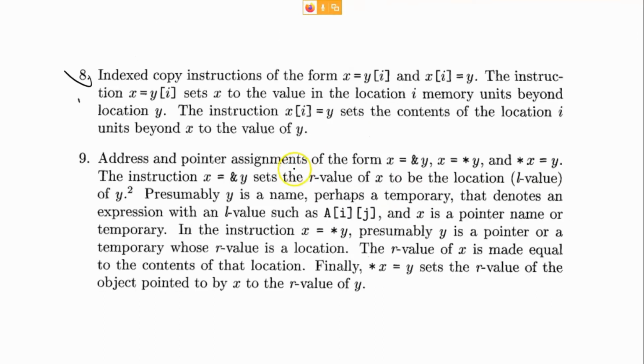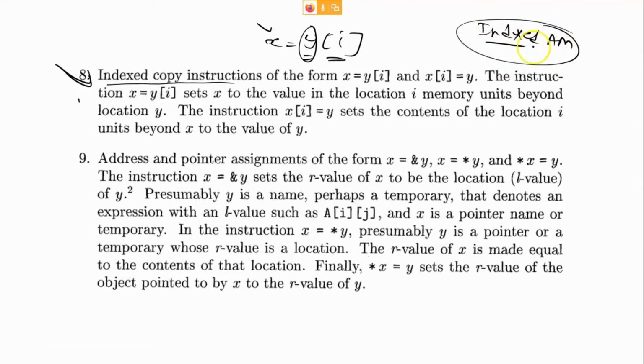Just remember this point till we see some example: this type of indexed copy instruction of the form x is being assigned the value of y[i] is not an array, remember. This means basically this y is some address, and this i, because you already know this indexed addressing mode.